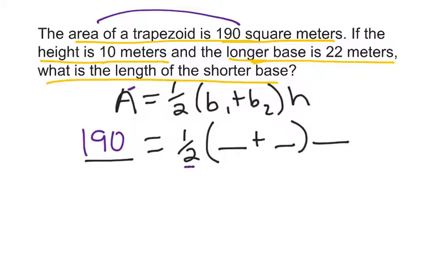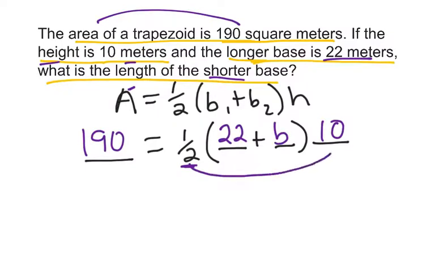We keep the half, don't forget that. We have a height of 10. We have the longer base of 22, so we'll call that base 1. And then we need the shorter base. Now we have a problem set up so that we can solve it.